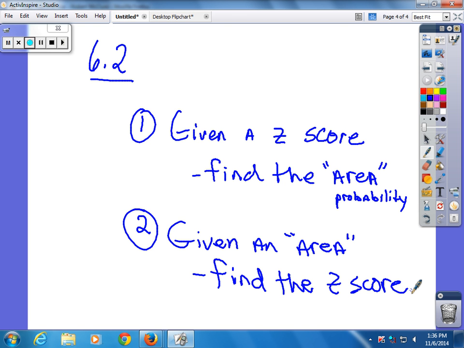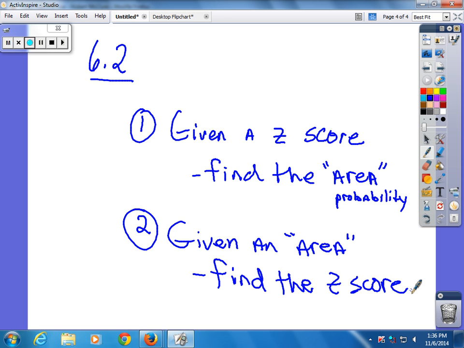This is so easy that some people think it's easier just to look on the table than to punch everything in the calculator. And in some cases it is.